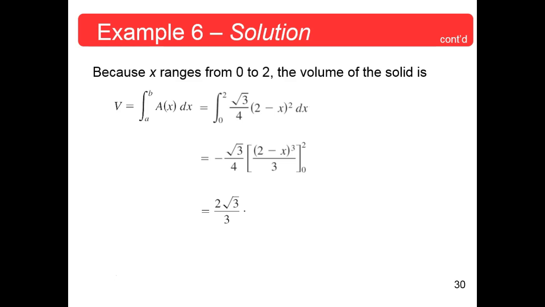Because when you plug in the 2 here, that's 0. So that all disappears. When you plug in the 0 here, that gives you this, but you're subtracting this part, and that's where the minus sign comes in to go back and make it positive again. So this would be 2 cubed.